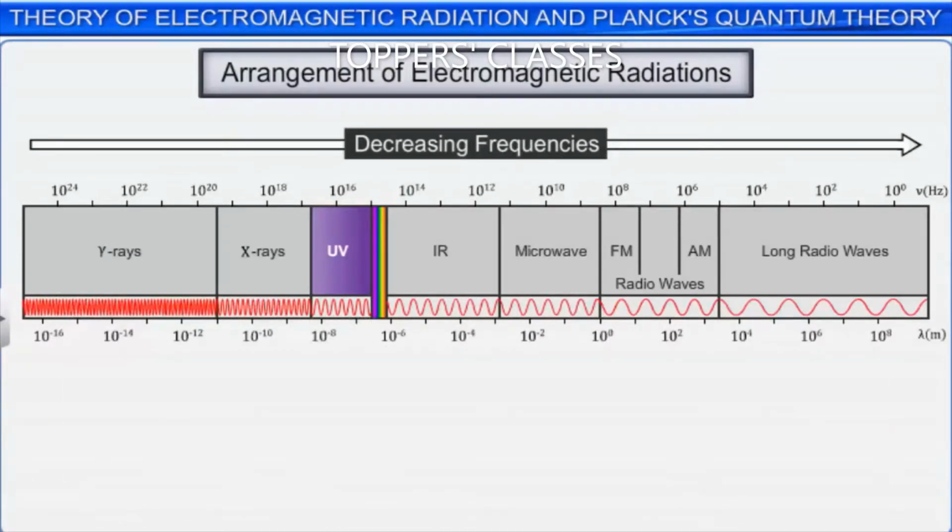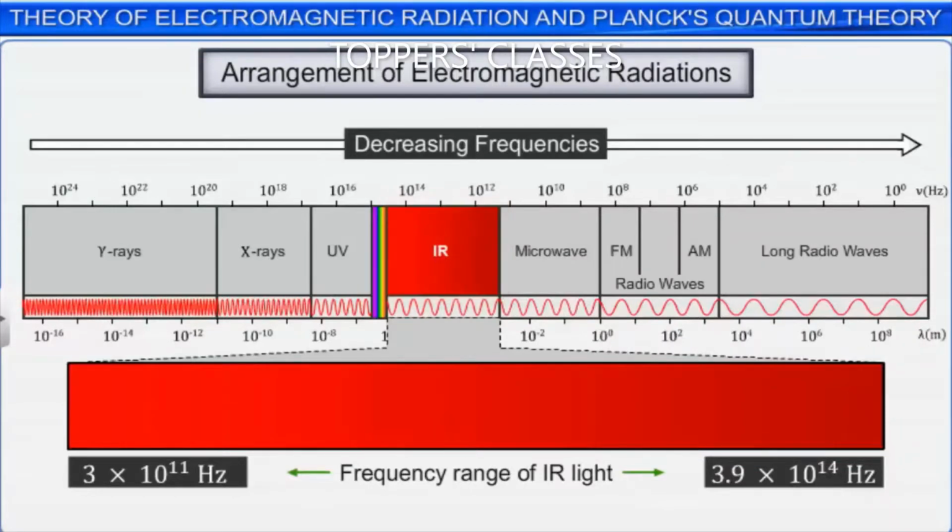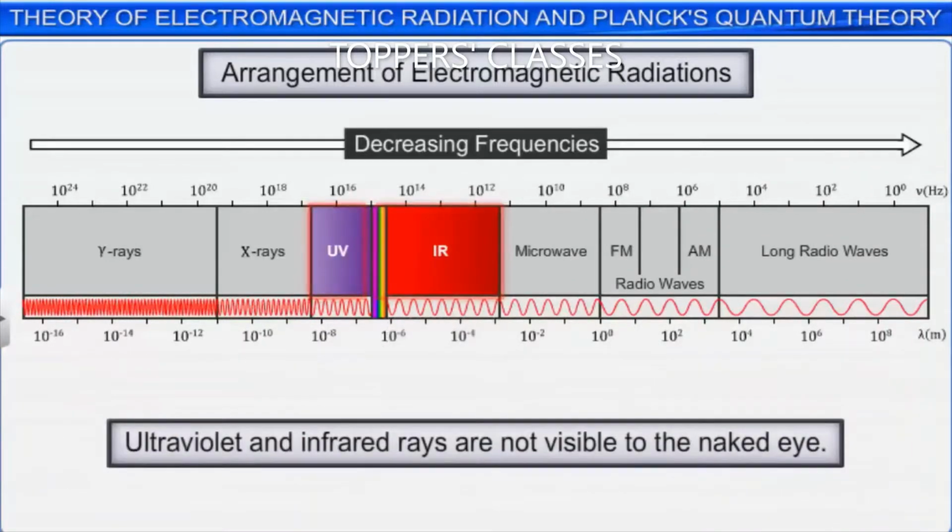The region below the red color is called the infrared region, and the frequency of the waves of this region is 3 into 10 to the power 11 to 3.9 into 10 to the power 14. Ultraviolet and infrared rays are not visible to the naked eye.